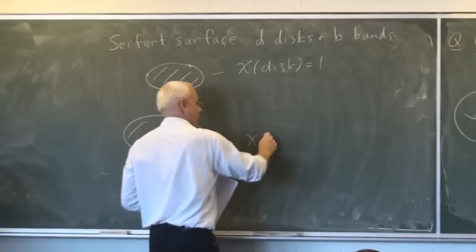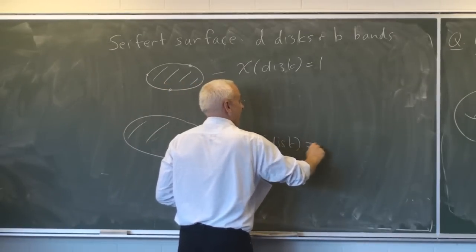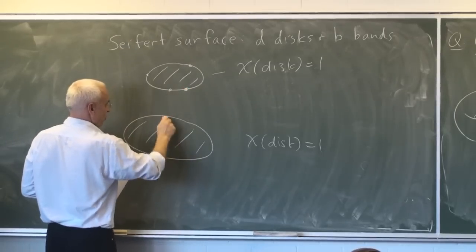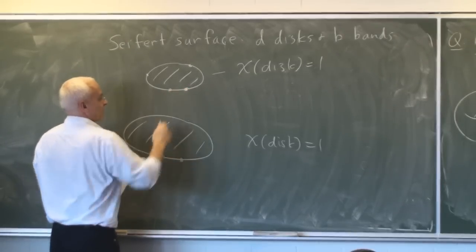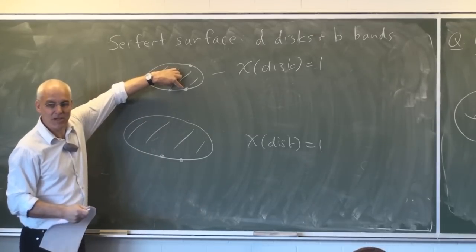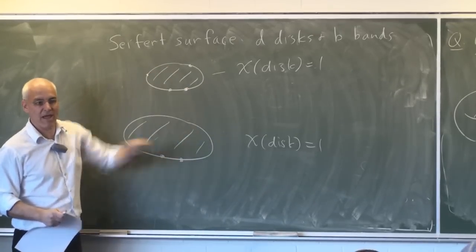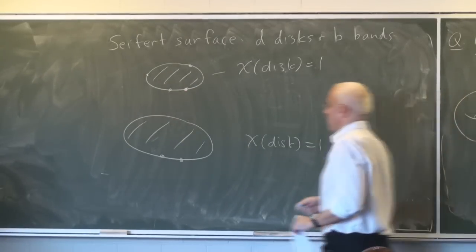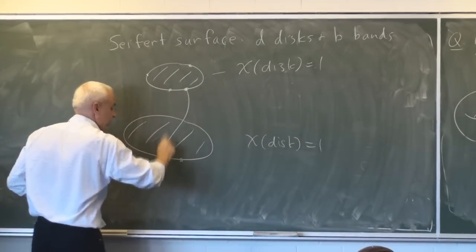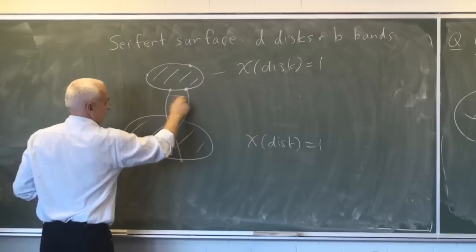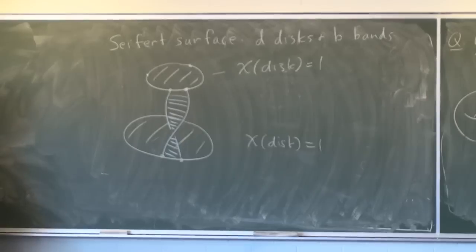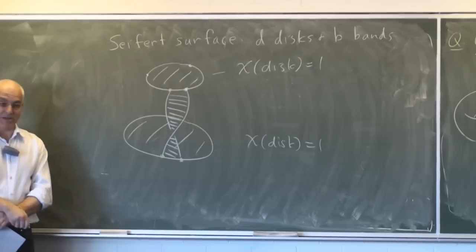The Euler number of this disk is 1. All right, so now let's just suppose that we have 2 vertices right here, which are going to be conveniently joined to 2 vertices down here via a band. So when we do connect them with a band, what happens to the Euler number? So here's our band. We haven't introduced any more vertices to make that band.